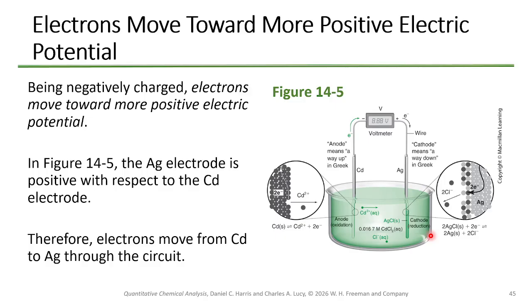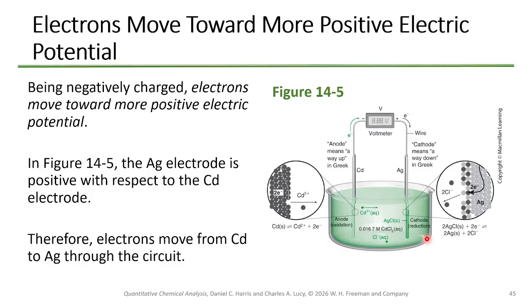All right, so again, negative charge electrons are going to move towards the positive electrical potential. In this case right here, the silver electrode is going to be positive with respect to the Cd electrode. So the electrons will move from the Cd to the Ag right here.